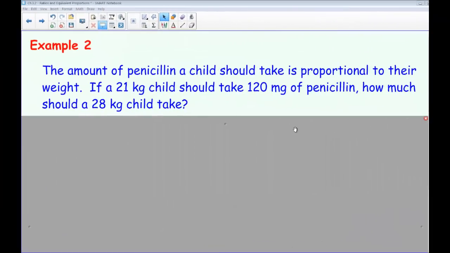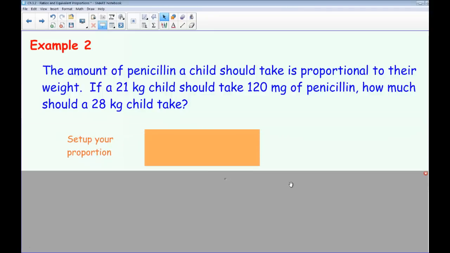Now in this final example, we have a word problem. It says the amount of penicillin that a child should take is proportional to their weight. If a 21 kilogram child should take 120 milligrams of penicillin, then how much should a 28 kilogram child take?